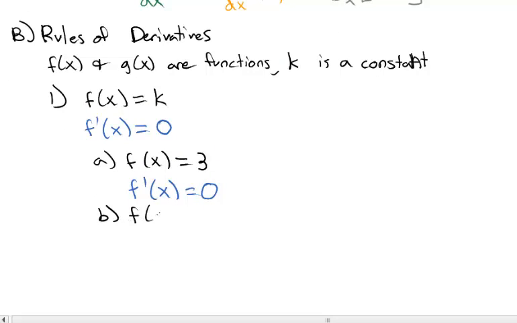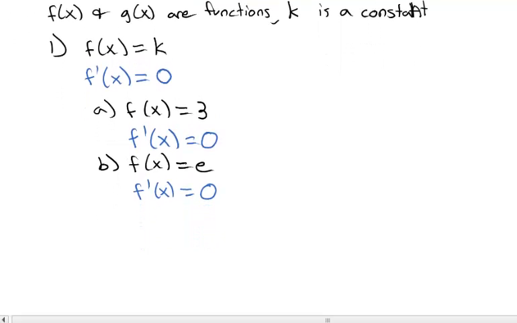It doesn't matter what that number is. f of x could equal e. e is Euler's constant. We use it in the natural log a lot, but it's still a constant. It's always equal to 2.718, so the derivative of e is 0. The derivative of any constant is always 0. That's our first rule of derivatives.